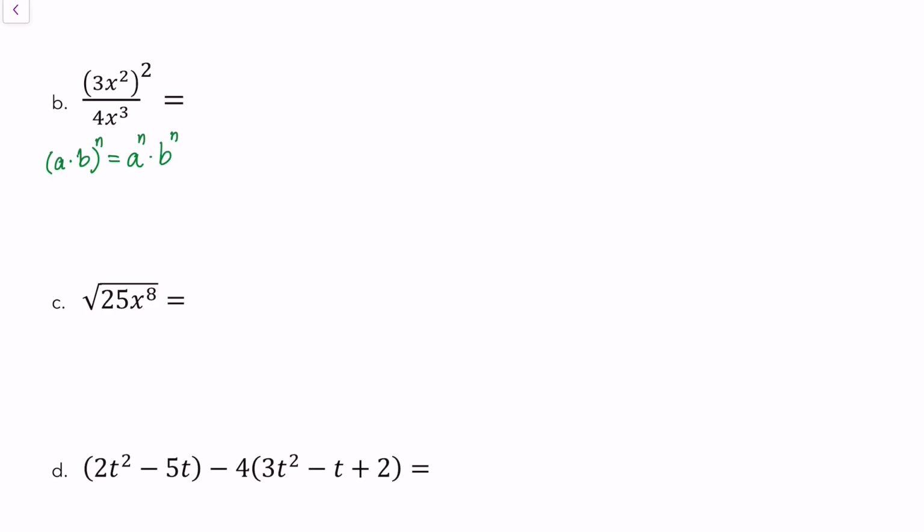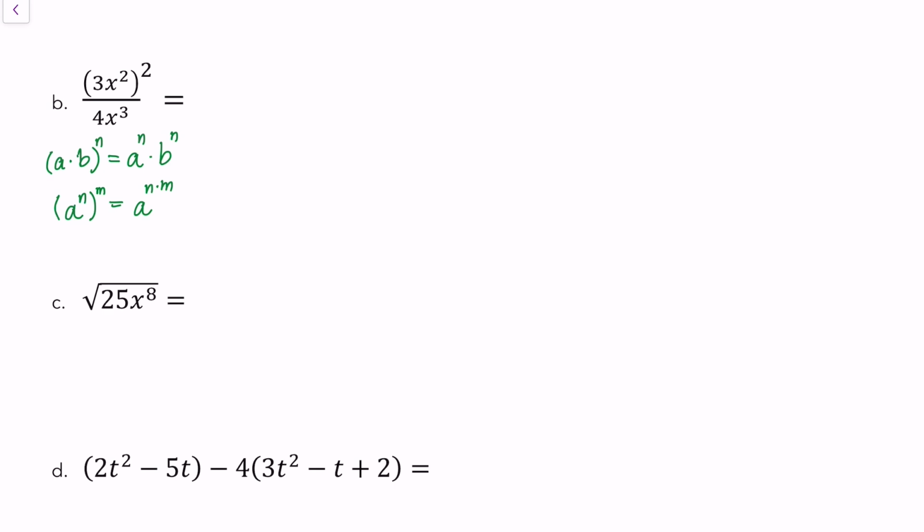So this is going to be equal to a to the power of n times b to the power of n. And we also have to remember that if we have a term, let's call it a again, to the power of n, and we raise all of that to the power of m, then we can simply multiply the exponents together. So that is what we're going to do in this problem.